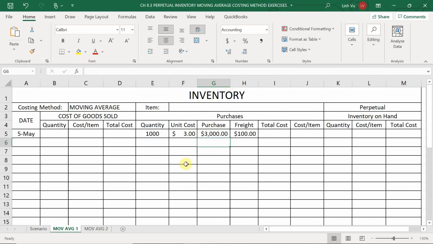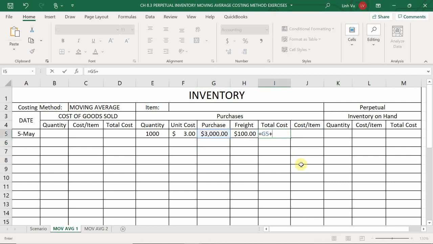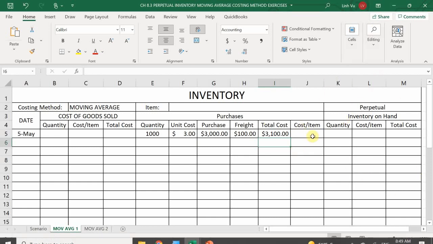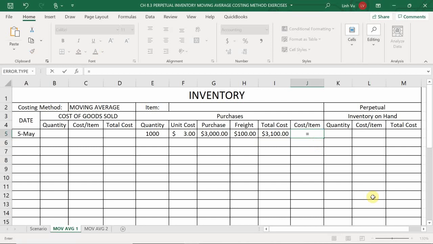What is my total cost? $3,100. And because it's my first batch of inventory, what is my average cost per item? $3.10. Okay, so this is how I'm going to transfer these amounts over into my inventory.